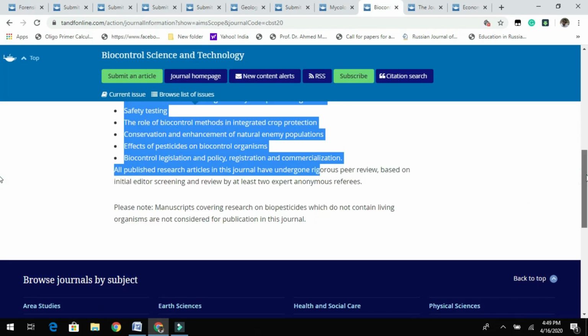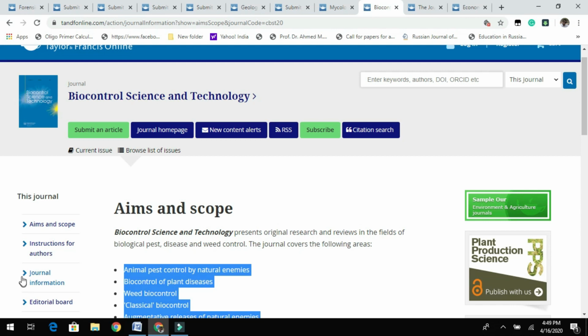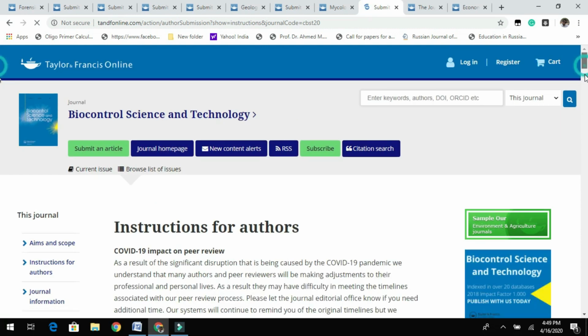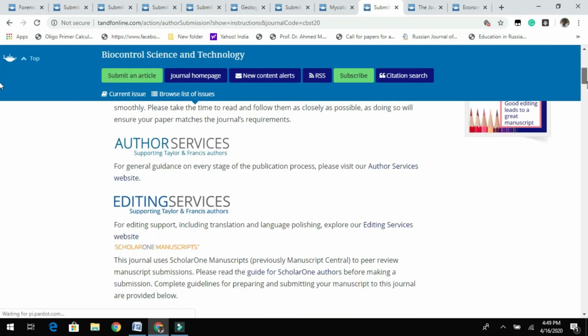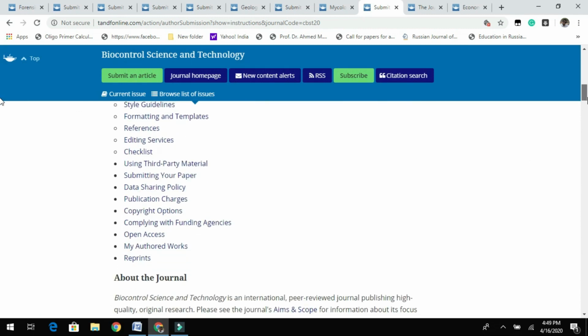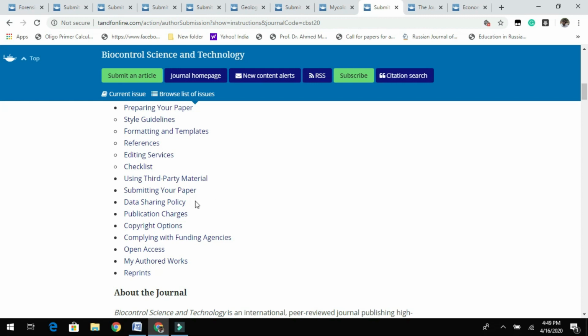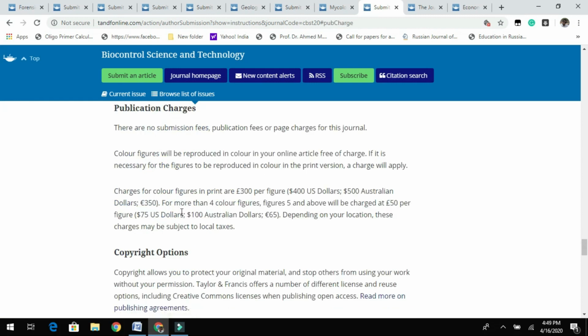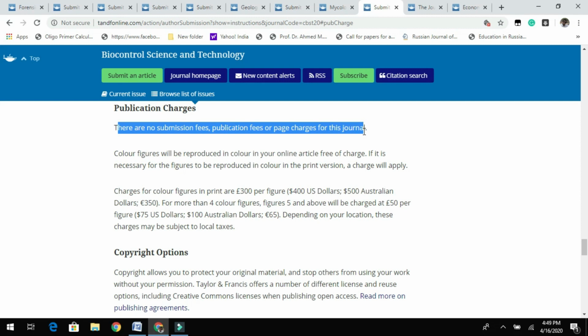So let us see if there are any publication charges for submitting research articles to this journal. If you see here, the article processing fee, the publication charges of the journal: there are no submission fees, publication fees, or paid charges for this journal.